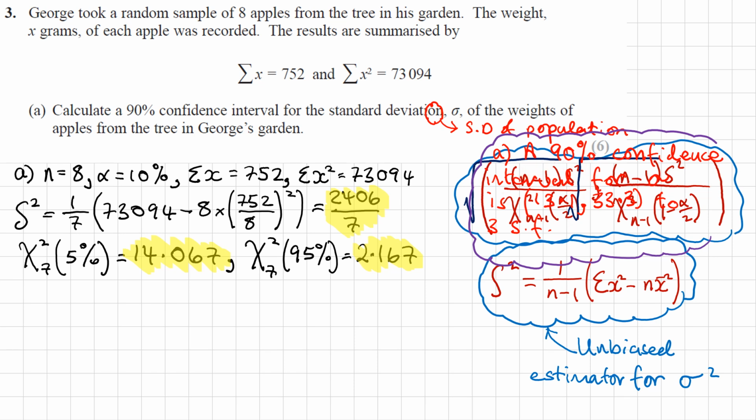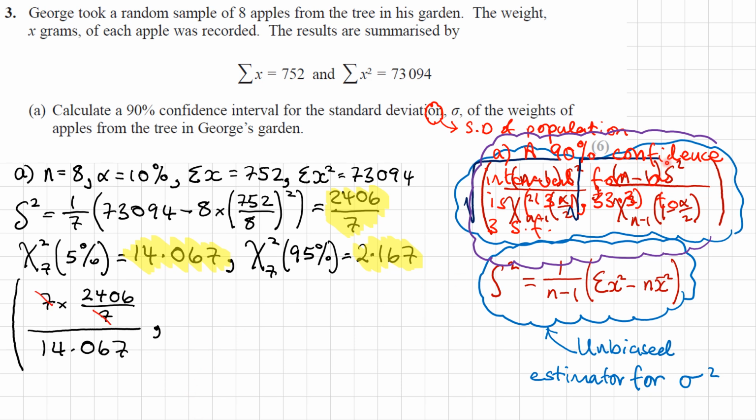So let's just put big brackets and we'll do the whole calculation in here. So n minus 1 times the variance, so that's going to be 7 times 2406 over 7, and that's going to be over the chi-squared value that I had, which was the 5%, so that's 14.067. Now I can immediately see that these 7s are going to cancel out, so that's going to make my work a little bit easier.